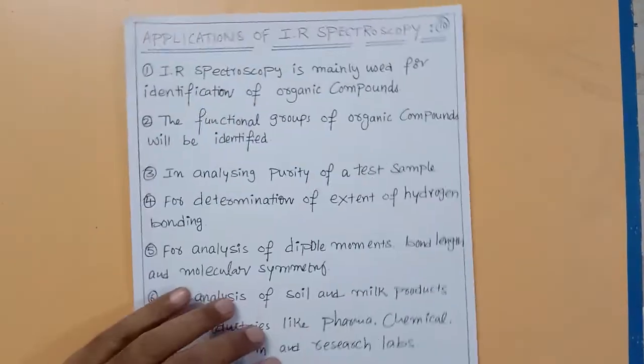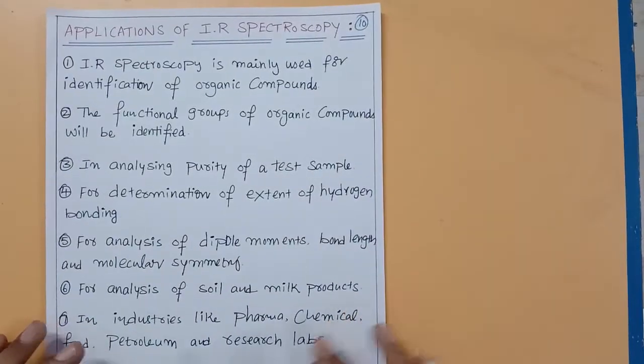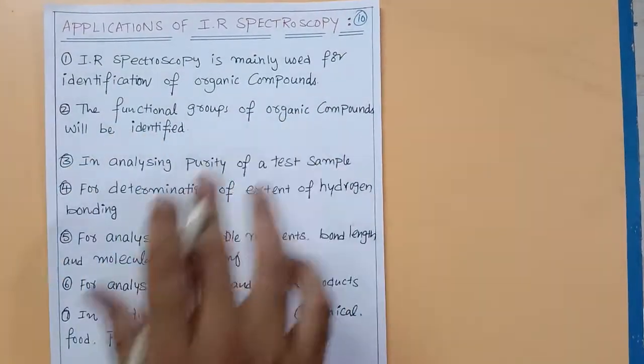Okay, then let us see the applications of IR spectroscopy. What are the applications? IR spectroscopy is mainly used for identification of organic compounds. With IR spectroscopy you can identify the functional groups of organic compounds, right. So that is written as point number 2.